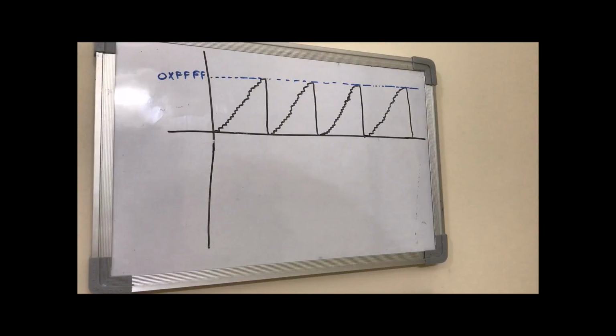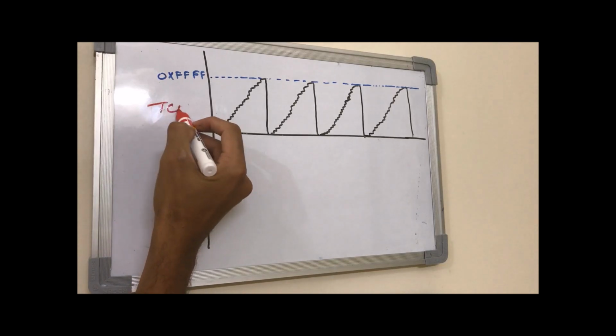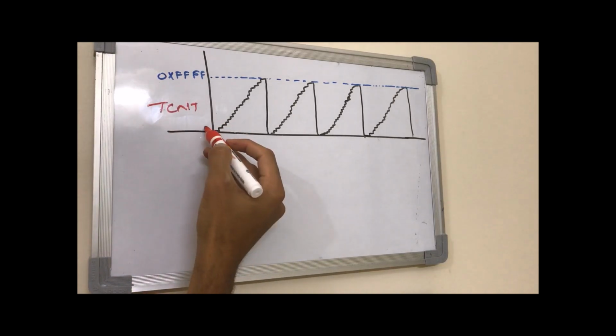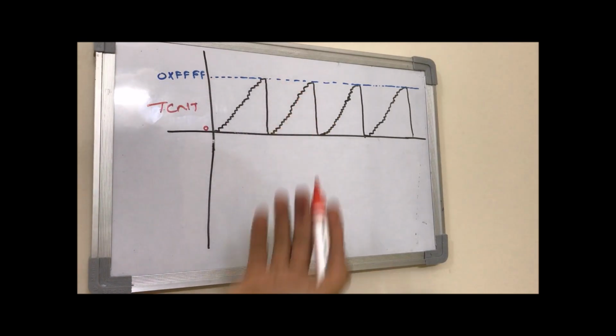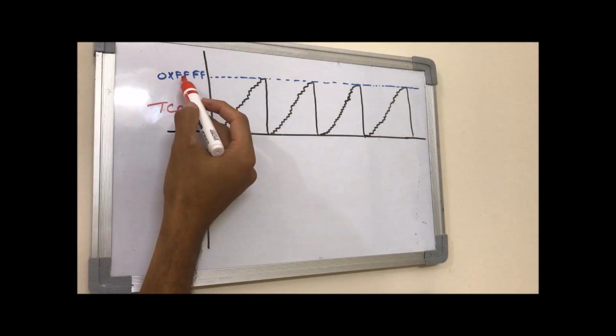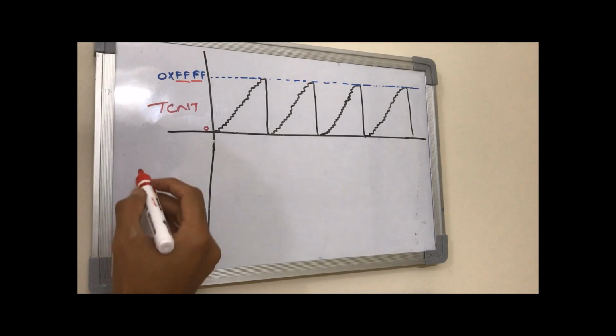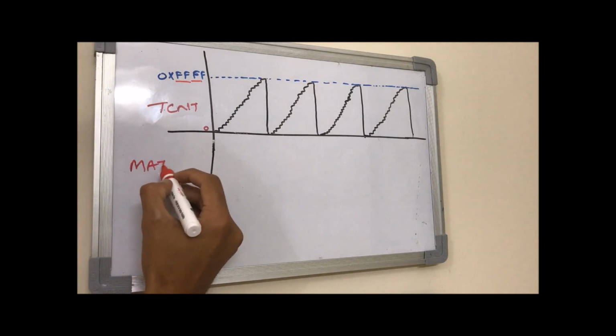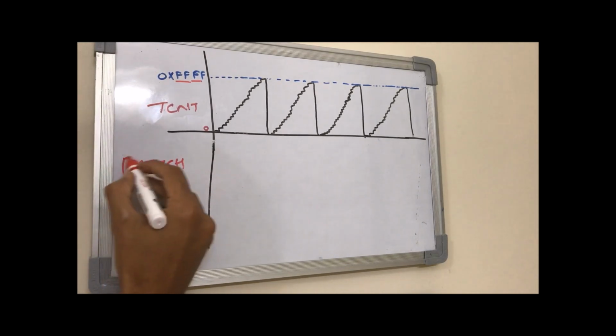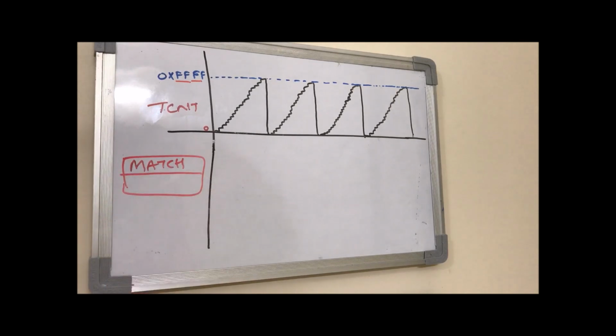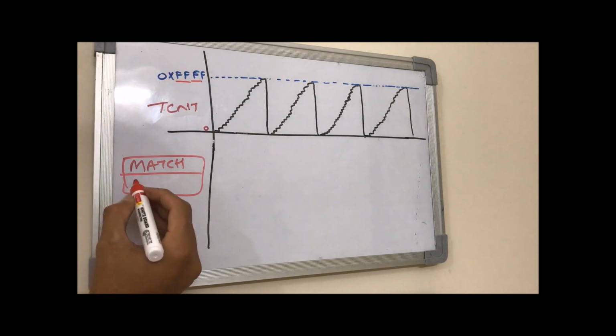So to generate the PWM using a microcontroller, you have the timer counter register, which is incrementing from 0 to the maximum value. If it is a 16-bit register, the maximum value is FFFF. And there is one more match register, which is accessible by the user, which is writable by the programmer.